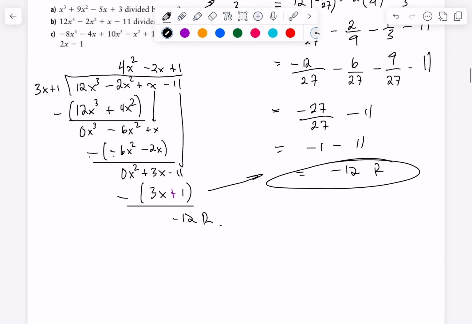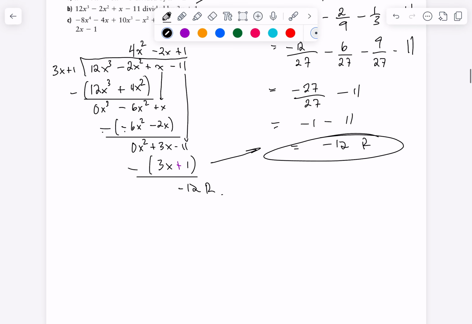Okay, and so if I were to write this as a quotient now, I'll write it slightly differently, but same thing. 4x squared minus 2x plus 1, minus 12 over what I originally divided by, which would be 3x plus 1.